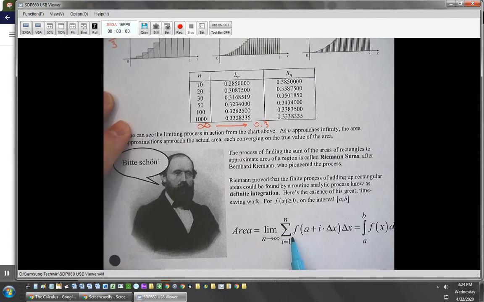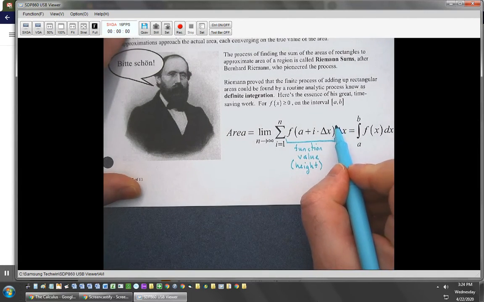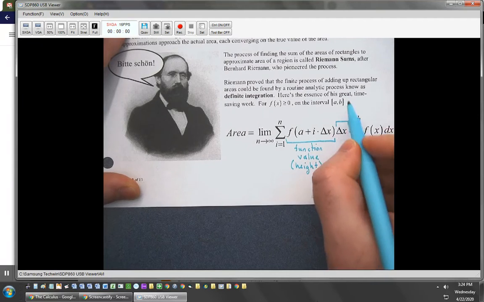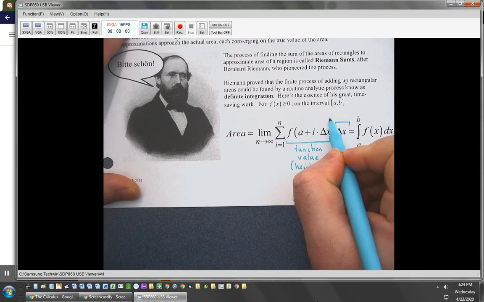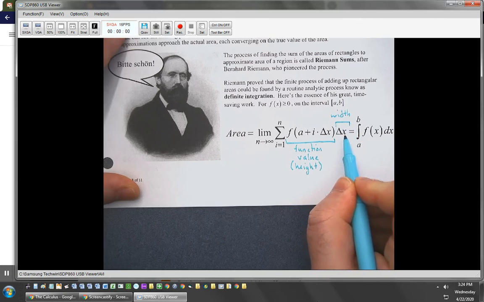This right here is the function value, which equivalently becomes the height of our rectangle. This here is how far each interval is. The width of our interval is some small little delta x.